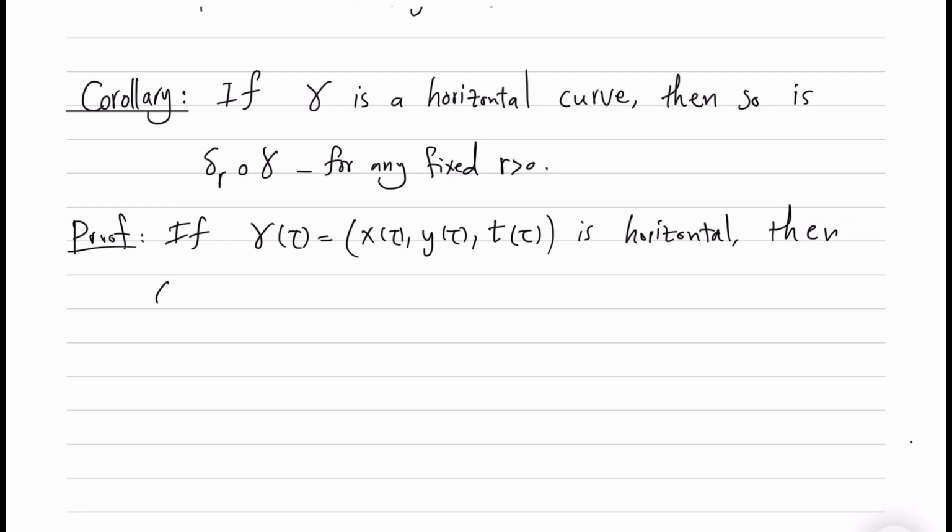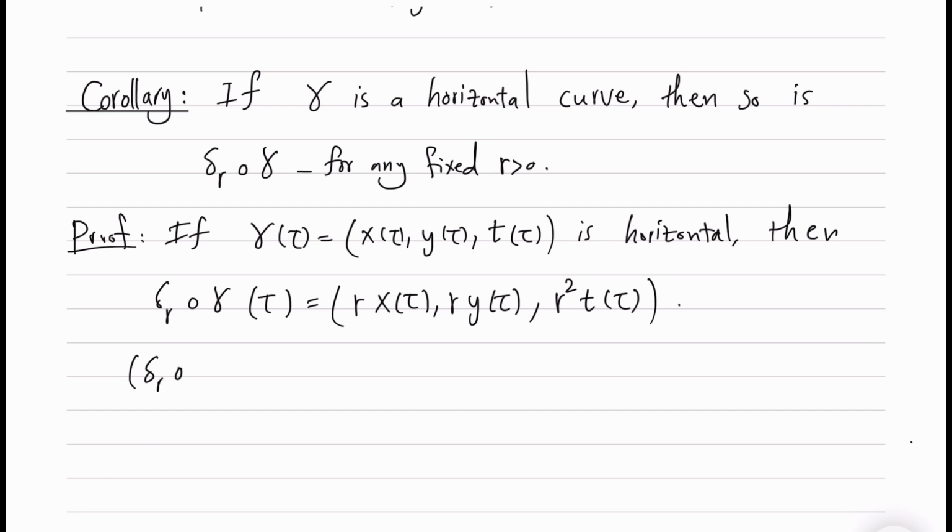Then delta r composed with gamma is the curve given by r times x(tau), r times y(tau), and then r squared times t(tau). Its derivative at tau is r times x prime at tau, r times y prime at tau, and then r squared t prime at tau.